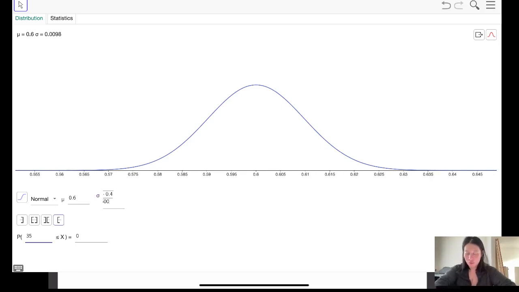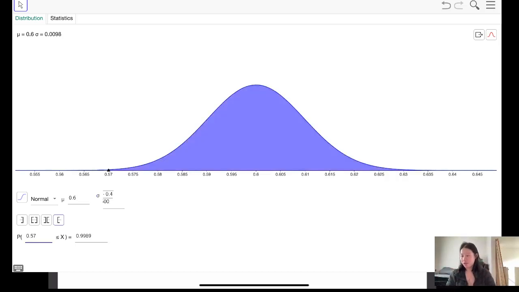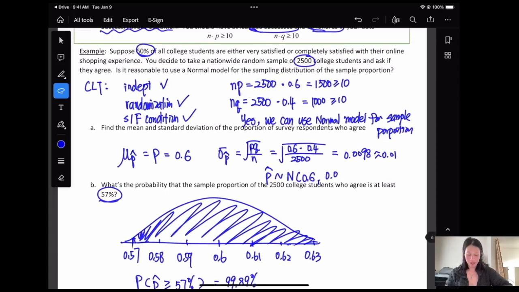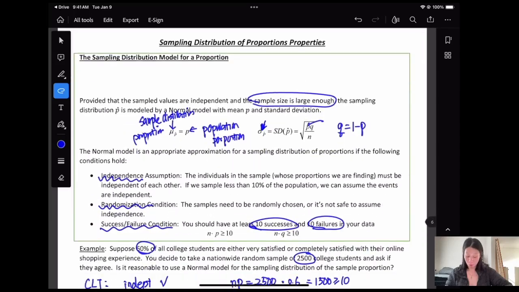We want to know the probability that at least 57% of the college students agree. It's going to be 99.89%. So the probability that p hat is greater than or equal to 57% is approximately 99.89%. That's the probability from the sampling distribution of the proportion.